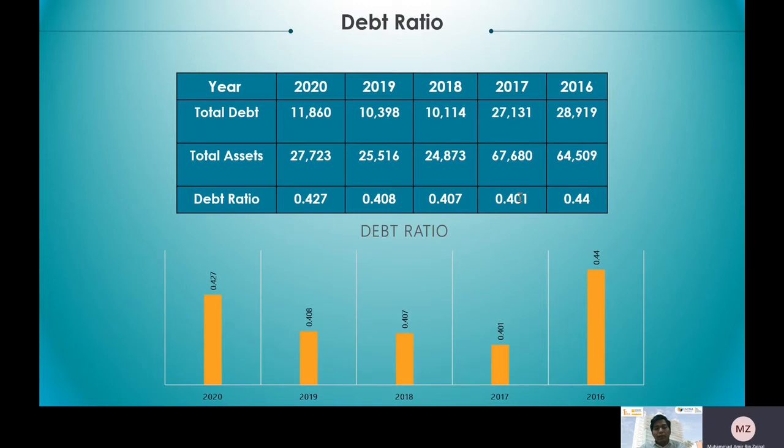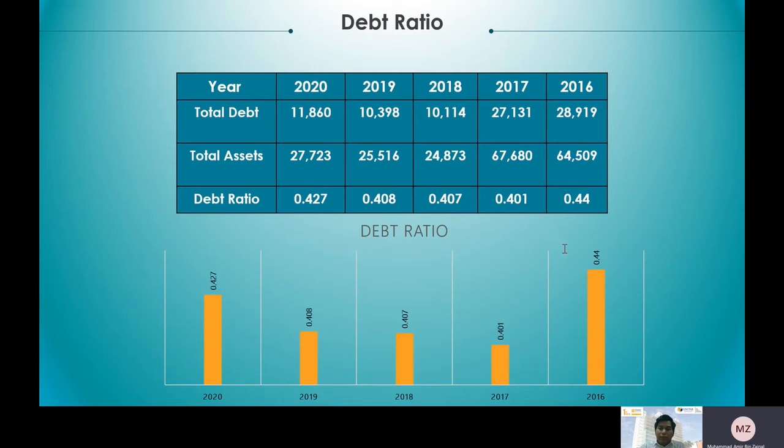Also, it varies widely across industries, with capital-intensive businesses such as utilities and pipelines having much higher debt ratios than other industries such as the technology or services sector. Debt ratio can be computed by using the formula of total debt divided by total assets. From what we can see in the report of the NBI2B group from the year of 2020 to 2016, in the year of 2016, they reported a 0.44 debt ratio.